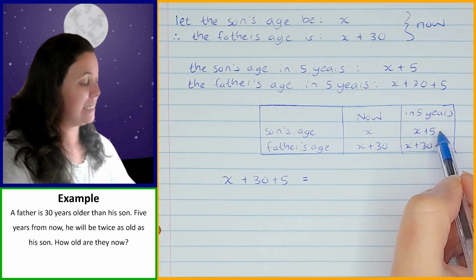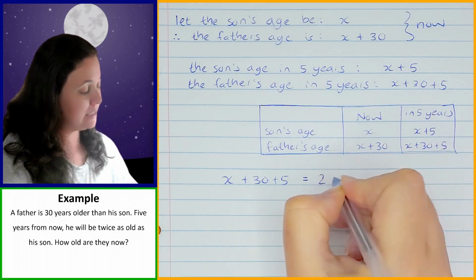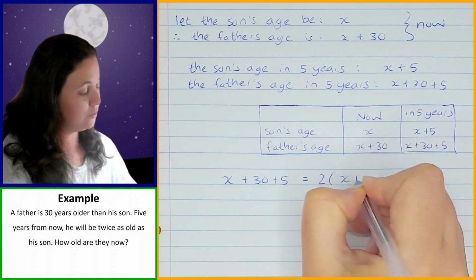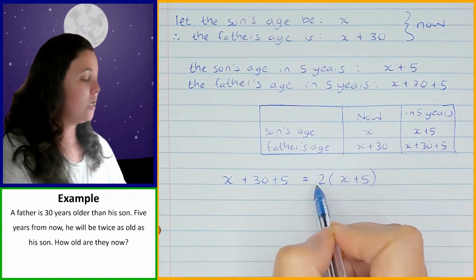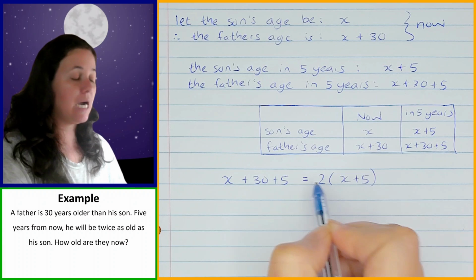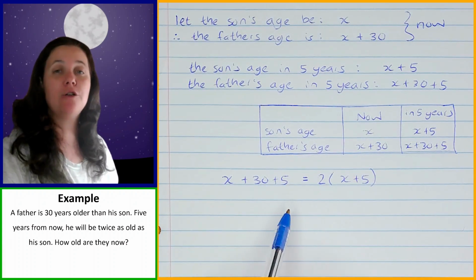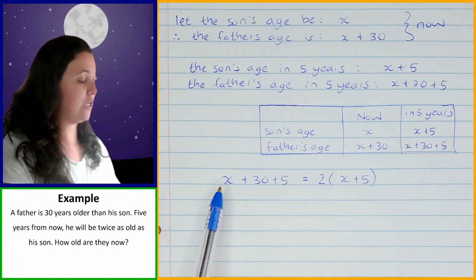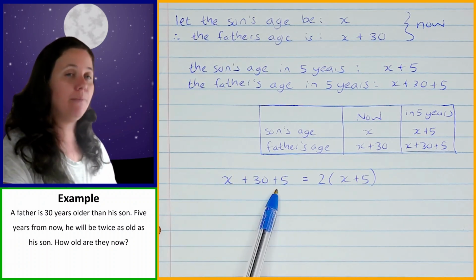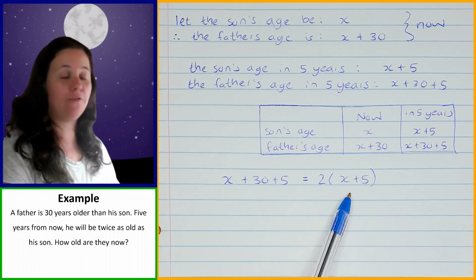So his son's age in 5 years' time is x plus 5. And if I double that, so I times it by 2, and I have to put it in brackets because I'm multiplying the whole age by 2. So if I double that, I will find out what the father's age is in 5 years' time. So that's how I use that information they gave me that I didn't use yet to set up my equation. The father's age in 5 years' time is double or twice the son's age in 5 years' time.